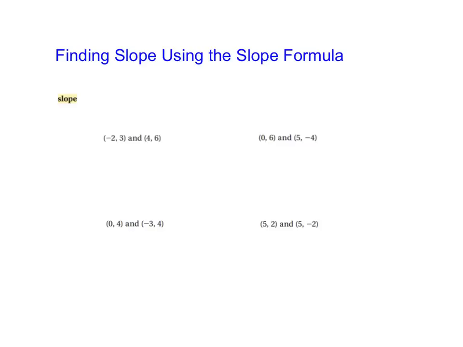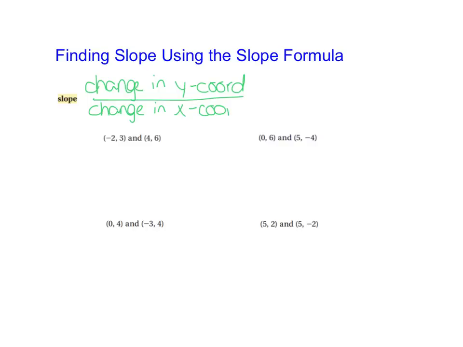Let's go back and review our definition of slope. We said slope was the change in y-coordinates over the change in x-coordinates, right? It's a ratio. Slope compares the change in the y-coordinates to the change in the x-coordinates.